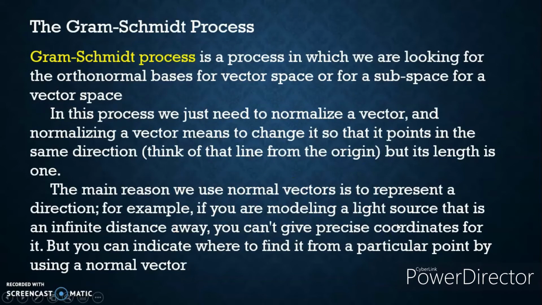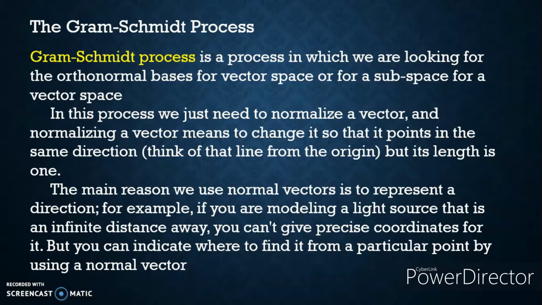The Gram-Schmidt process is a process in which we are looking for the orthonormal basis. If you can recall the objective, the orthonormal basis, we also just need to find the normalized vector. That is the second objective. Normalizing a vector means to change it so that it points in the same direction. The main reason we use a normal vector is to represent a direction.